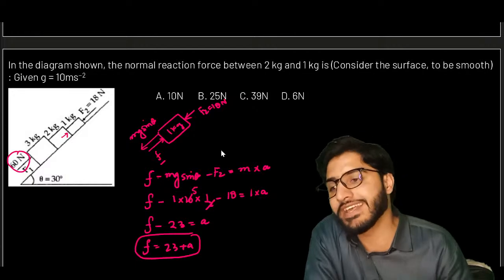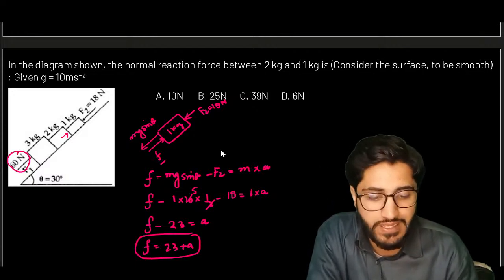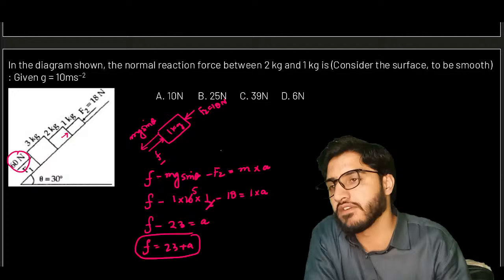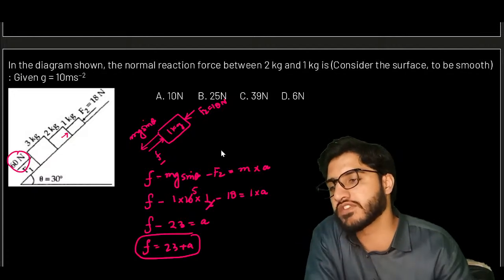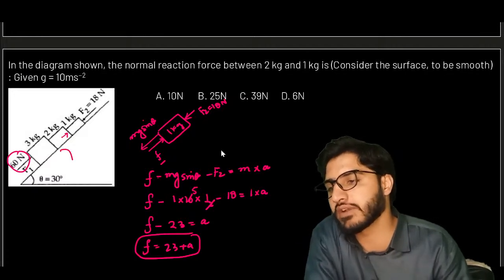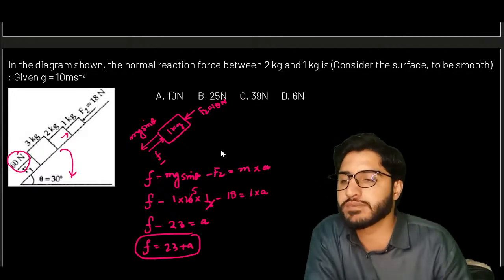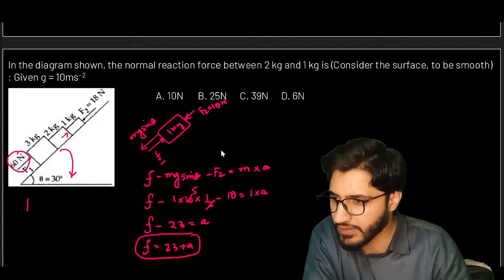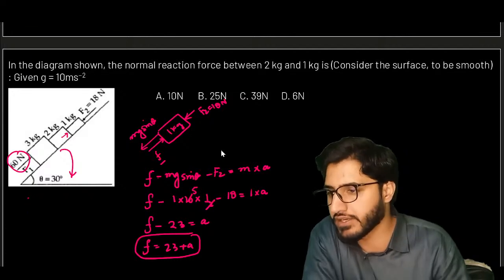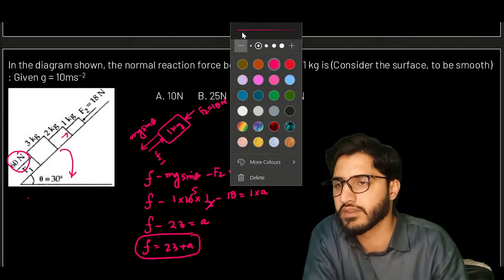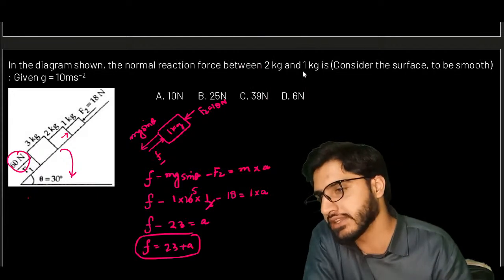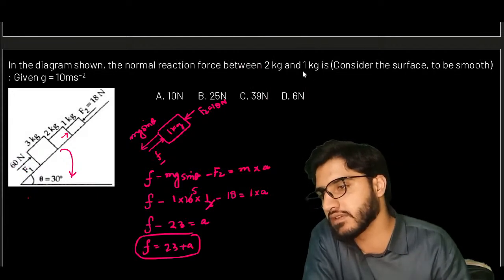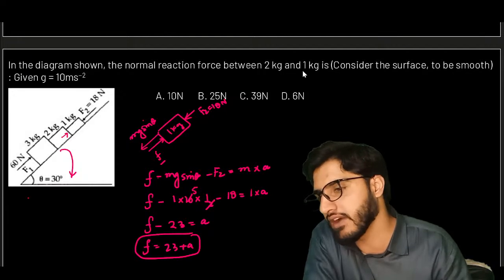Now how to find A? It is the common acceleration. If you closely observe this figure, I can break down and write the forces being acted on it. So look now, here it is F. So I can write F1.